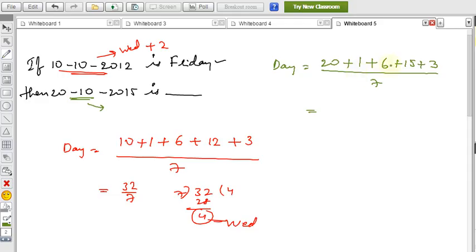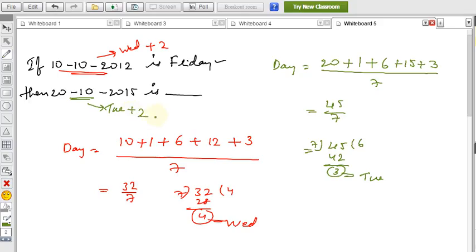So add this: 10, 30, 45 by 7. 45 divided by 7, 7 sixes are 42 and remainder is 3. So 3 is Tuesday according to our code. So this originally is Tuesday.